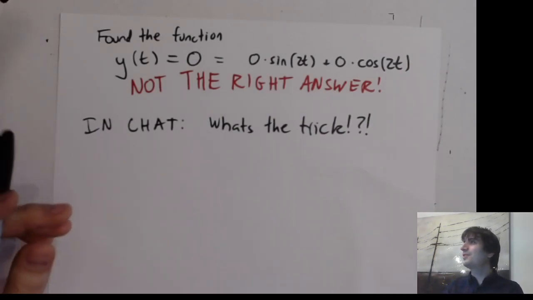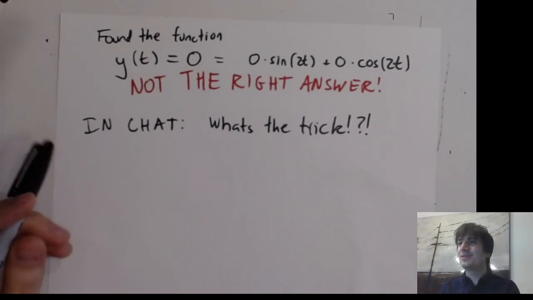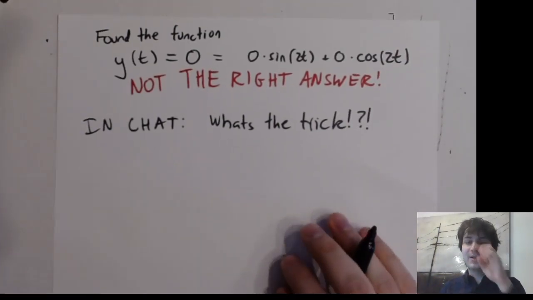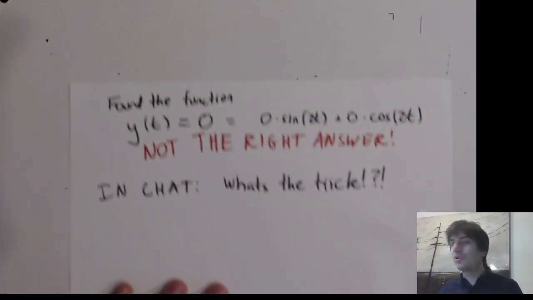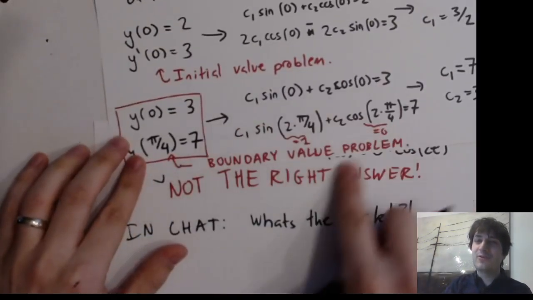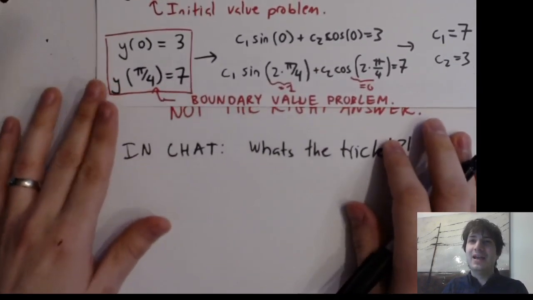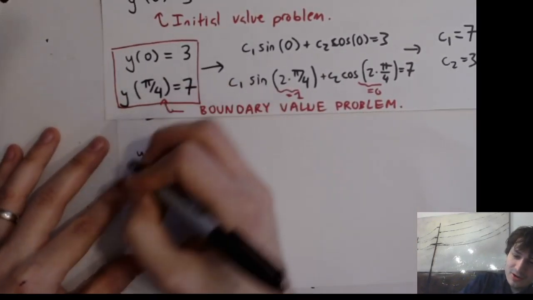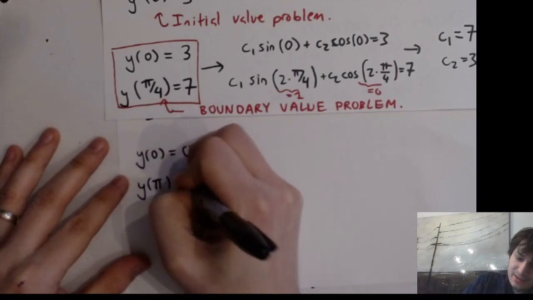Okay, so I'll give you a little bit of time on that. Maybe I'll reopen this. You can try to put in a better answer if you want in Top Hat. And while you guys are answering this, I'm going to set up this system. You should have got a system of equations by plugging in y of 0 equals 0, y of pi equals 0.